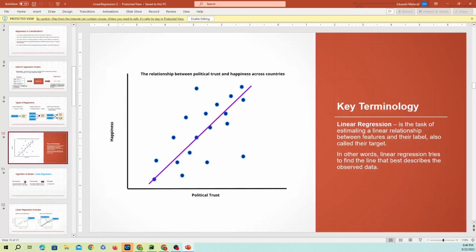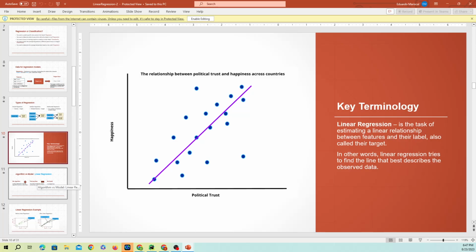We're going to use that information to create a relationship between political trust and happiness across the country, and it's going to draw a line that best fits that information. That's what linear regression is. It's just a straight line. That's why it's the easiest one, because we know what a straight line looks like. It's y equals mx plus b, right?